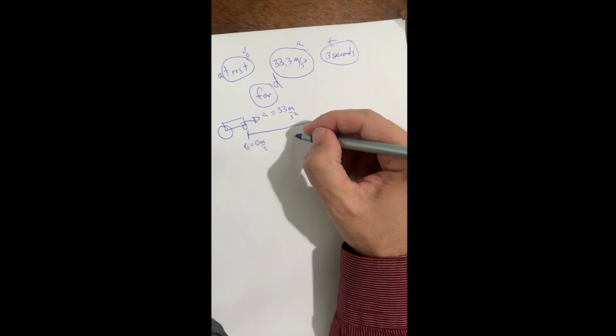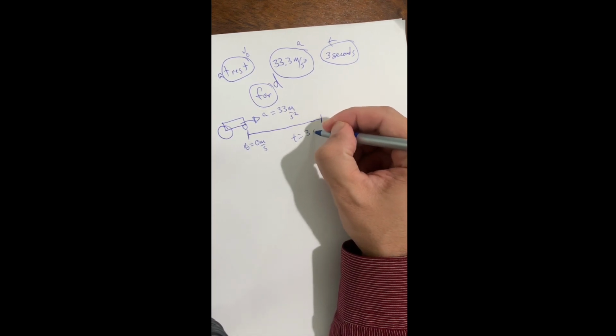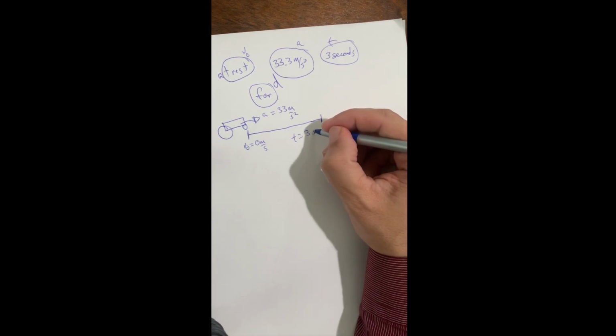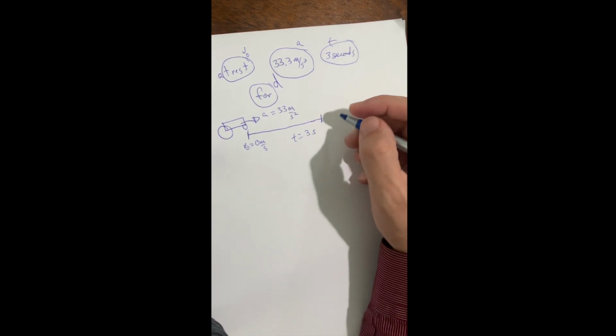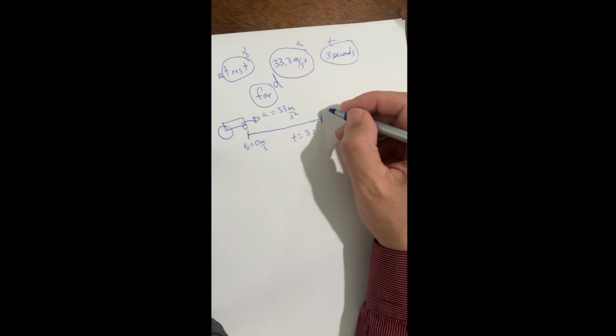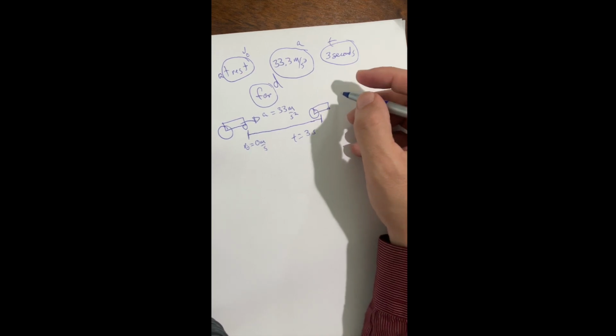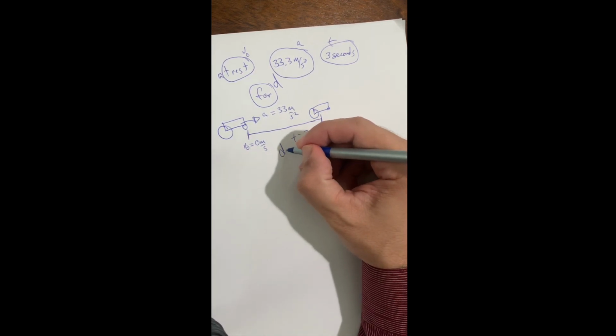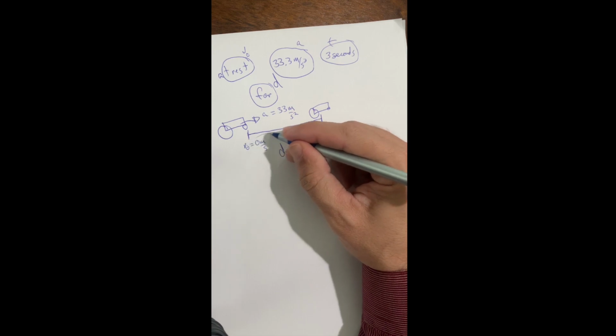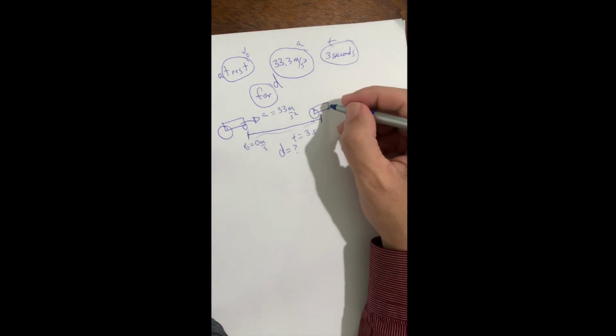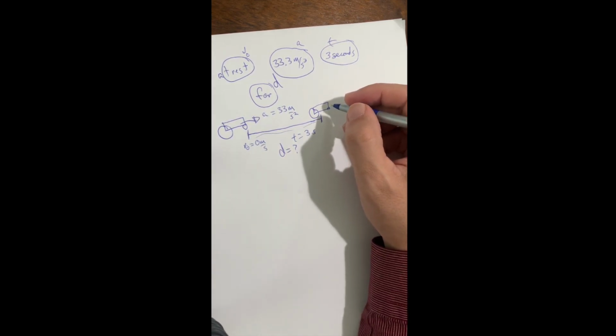And it's going to accelerate for a time equal to 3 seconds. And that's an S, not a 5. 3 seconds. And at the end of its race, how far down the track did it go? So we're actually looking for this total distance that it traveled. How far down the track did it go?